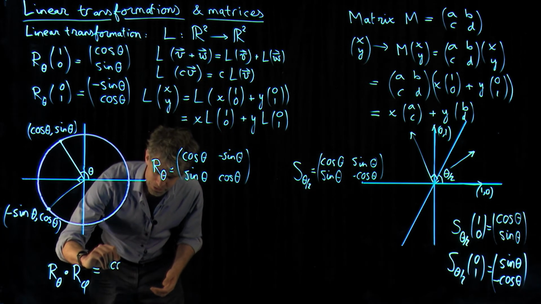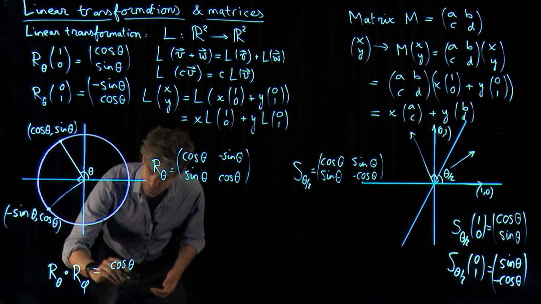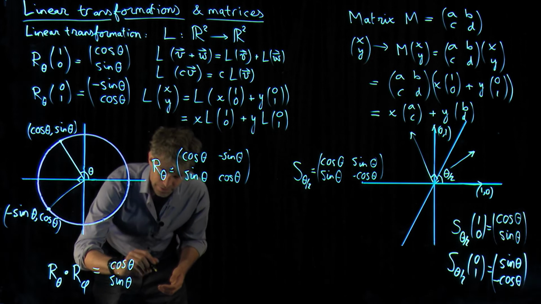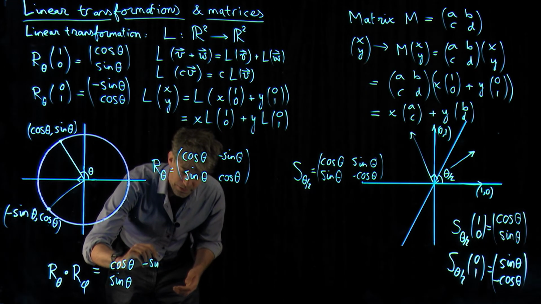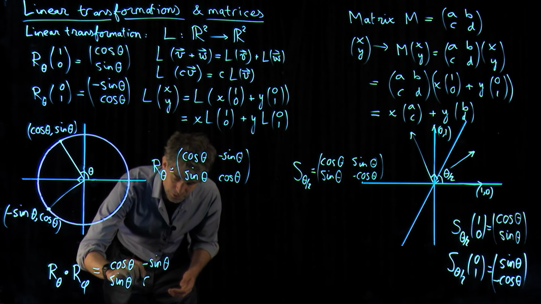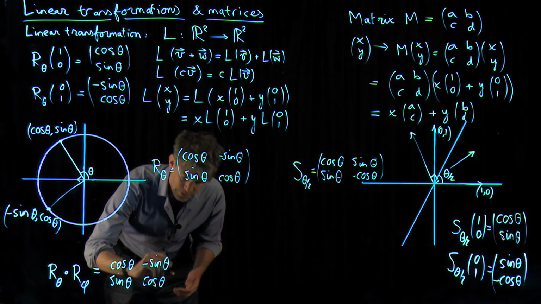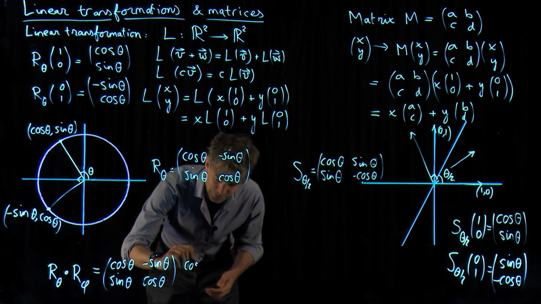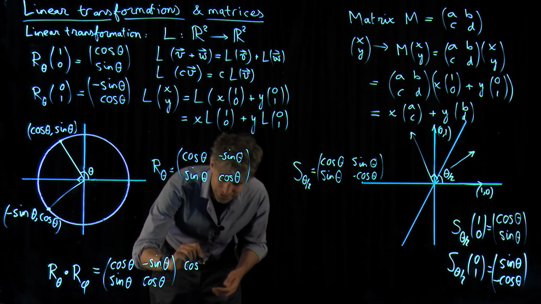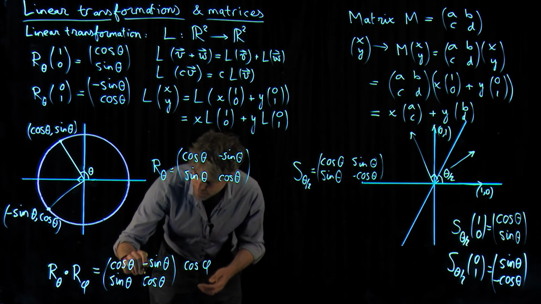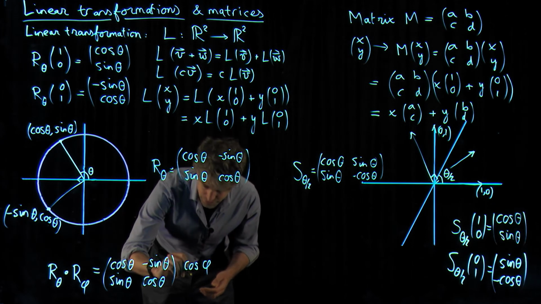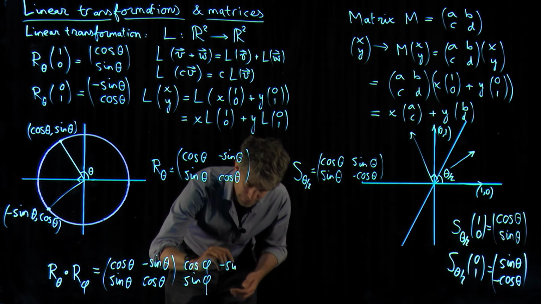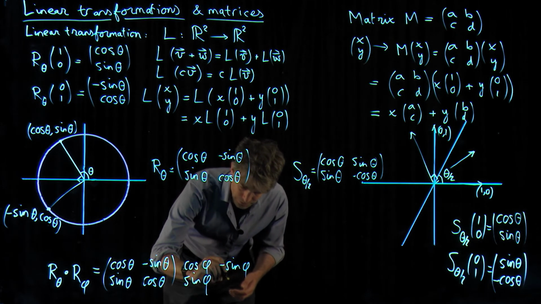So there you go, cosine of theta, sine of theta, I'm just filling it in, and then here minus the sine of theta, cosine of theta, times itself, cosine, but then with an angle of psi. And there is the sine, minus the sine, the cosine.